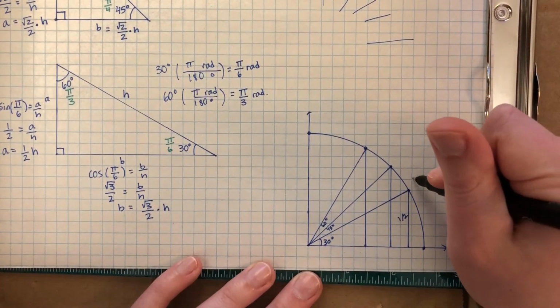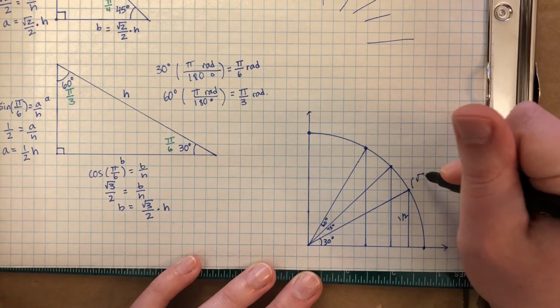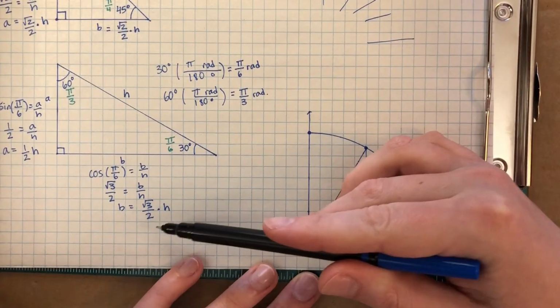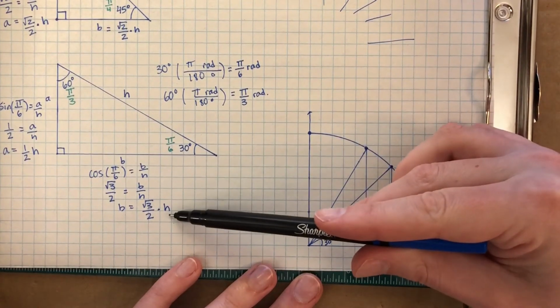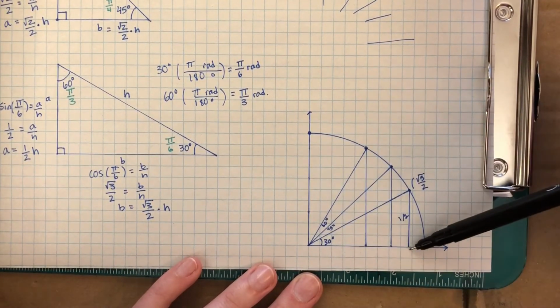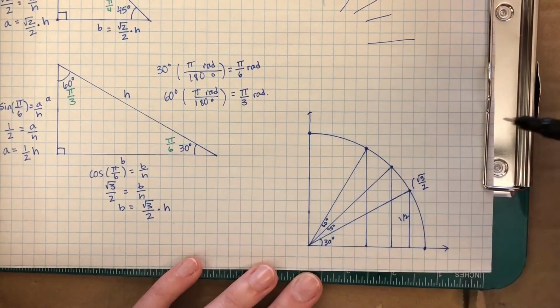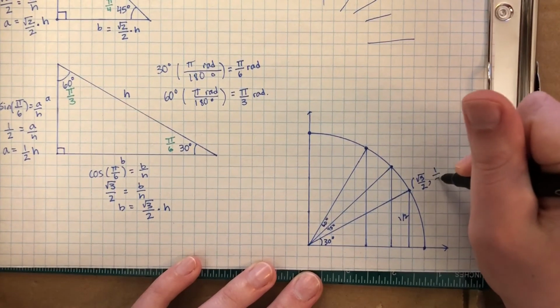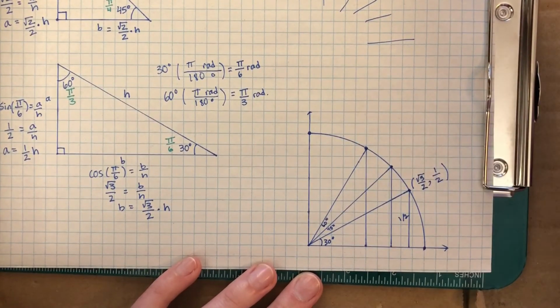So the coordinates of this point would be the square root of 3 over 2 times the hypotenuse, but that's 1. So the x-coordinate here is this adjacent side to the 30 degrees. It's just square root of 3 over 2. And the y-coordinate is 1/2.